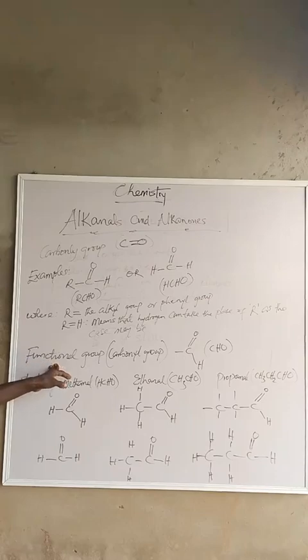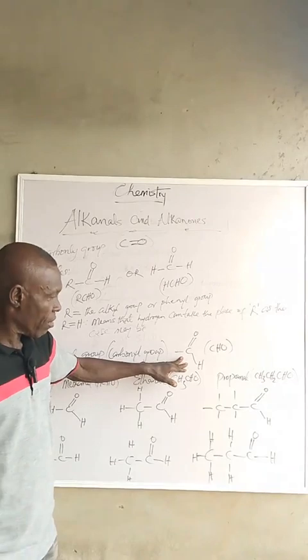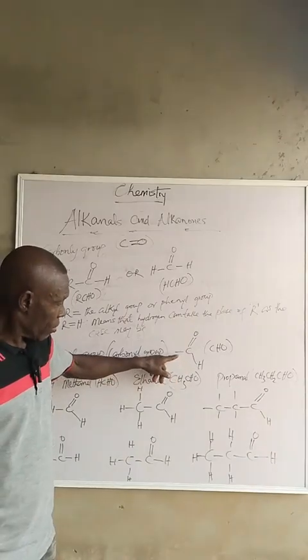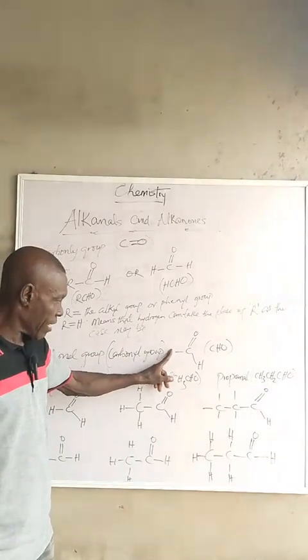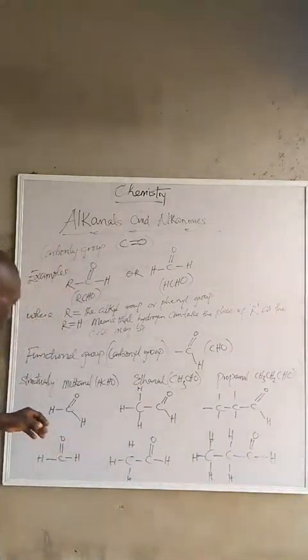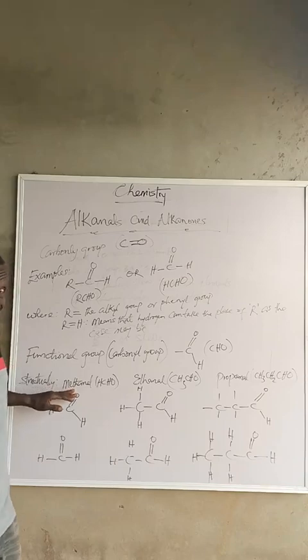Now look at the example here. The functional group, of course we know it, is the carbonyl group, and this is the structure of the carbonyl group. This bond is attached to a phenyl radical or an alkyl radical. So now, let us see structurally some of the organic molecules. From methane, we have methanal.